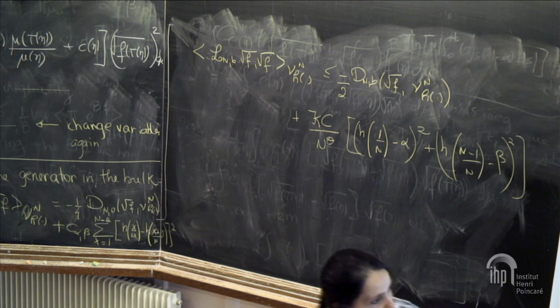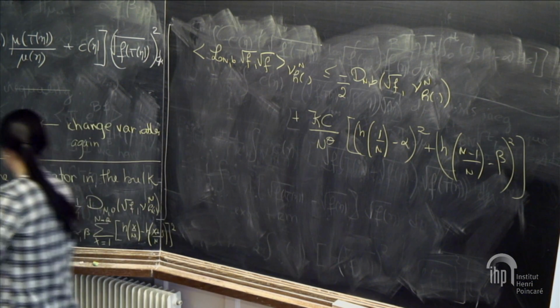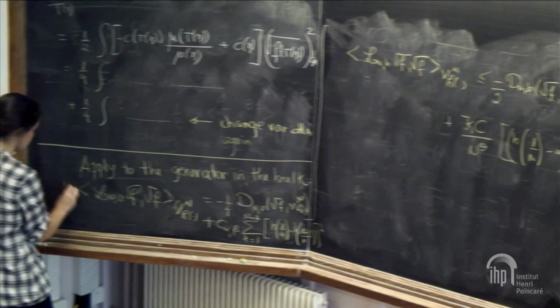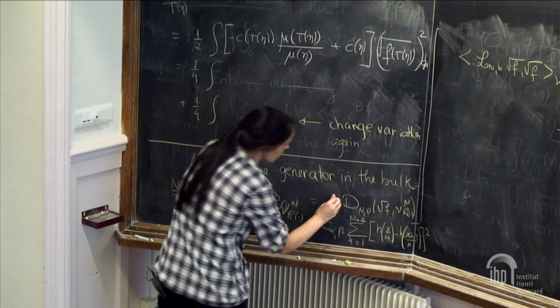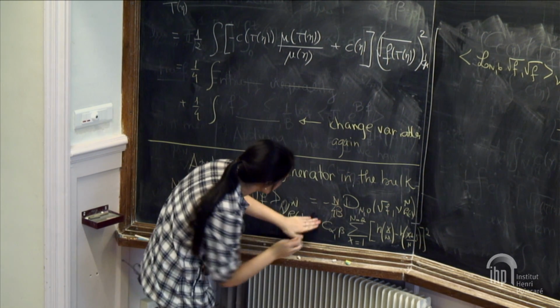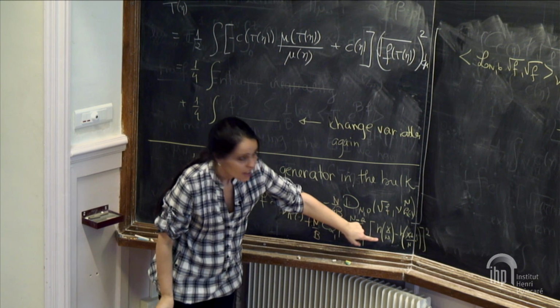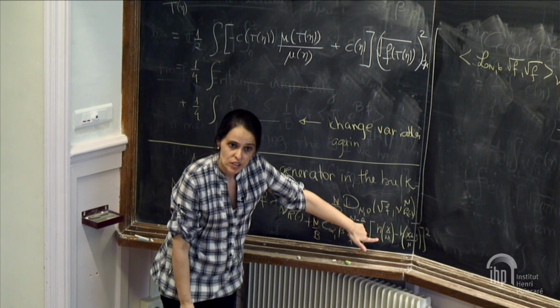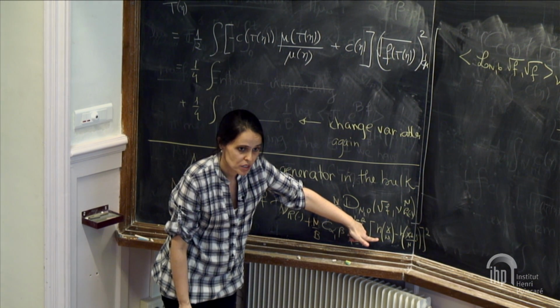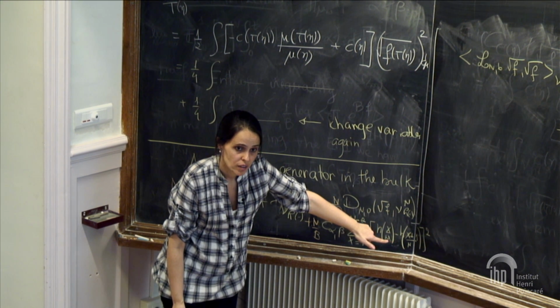So let me see if the claim gets out now. So now we multiply this by n over b. So when I multiply this by n over b, I have an n over b here, and here I have to put an n over b. And now I'm going to assume something on h. So let us assume, for example, that h is Lipschitz. So this term here is of order 1 over n squared. You agree?